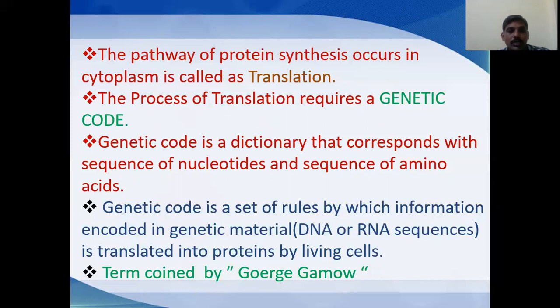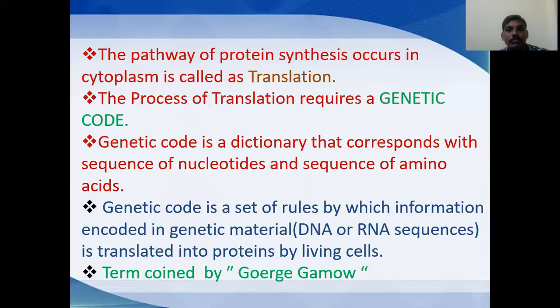So the genetic code is a dictionary that corresponds the sequence of nucleotides with the sequence of amino acids. That means a special relationship between the sequence of nucleotides in the DNA molecule, or the sequence of codons on the mRNA molecule, and the sequence of amino acids in a polypeptide chain is called the genetic code.